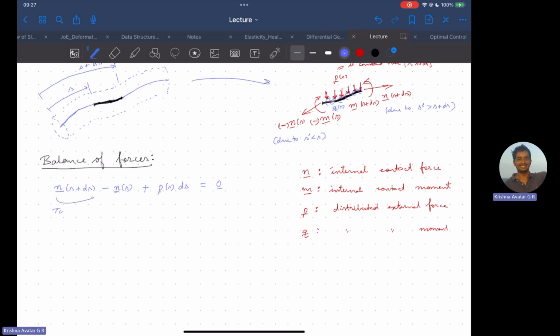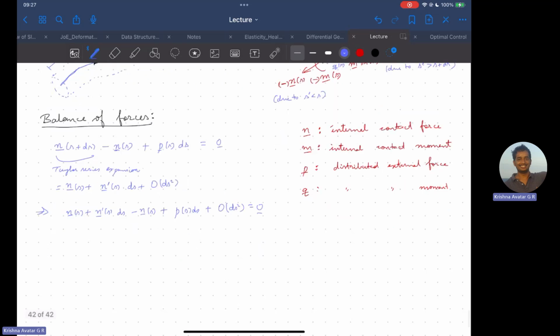Here we use a Taylor series expansion for the first term. n vector of s plus ds is equal to n vector of s plus n vector prime of s into ds plus other quantities, of order ds squared. So this means that we have n vector of s plus n prime of s ds, minus n vector of s, plus p of s ds, plus order of ds squared, is equal to 0 vector.